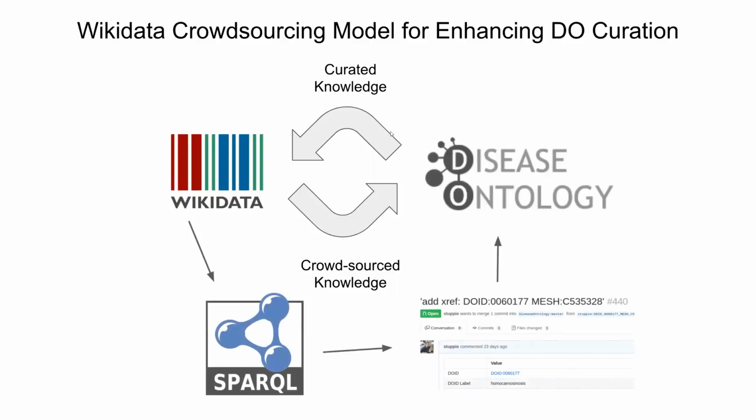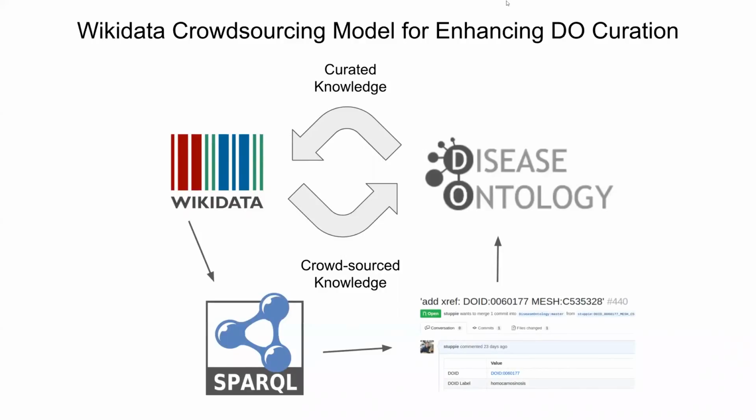As I mentioned earlier, Wikidata is a source for information, but it's openly editable, so people can add to and update Wikidata as well. One of the things that are highly active are diseases.